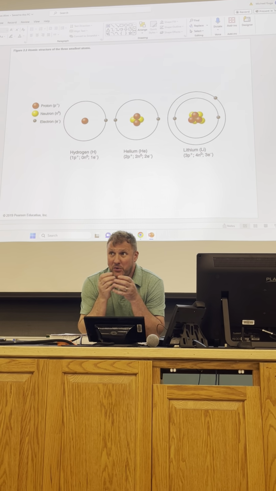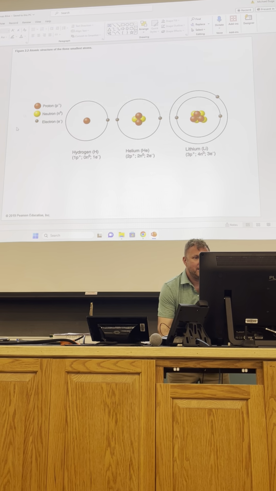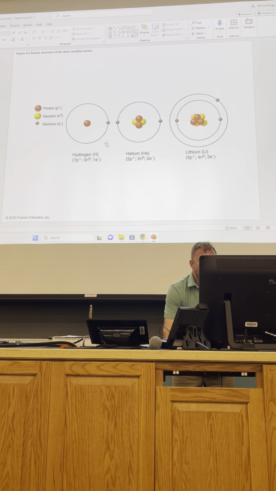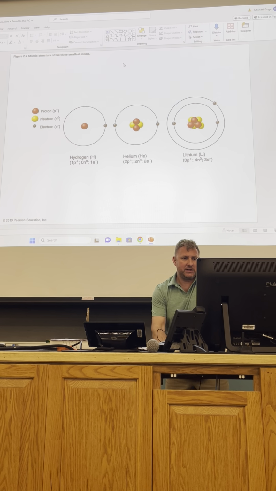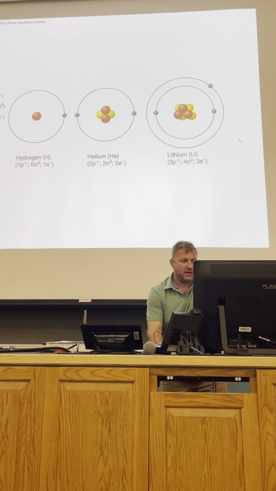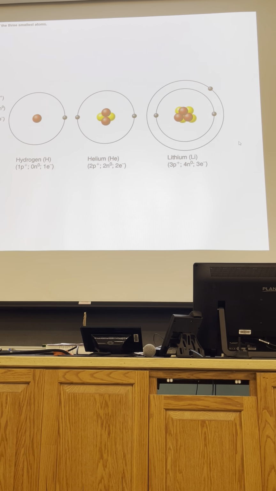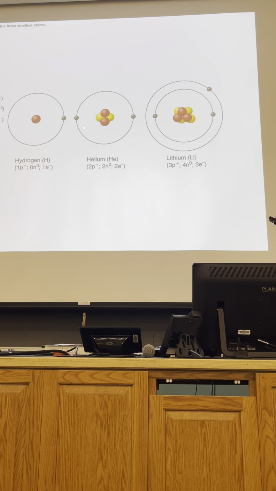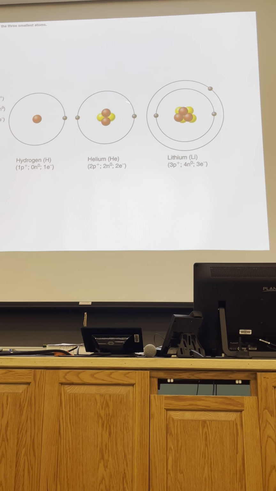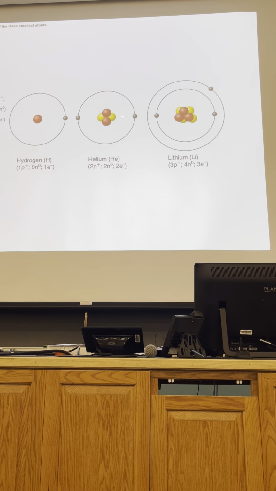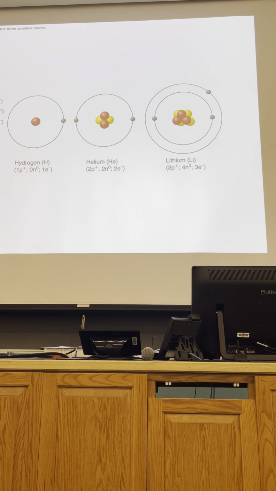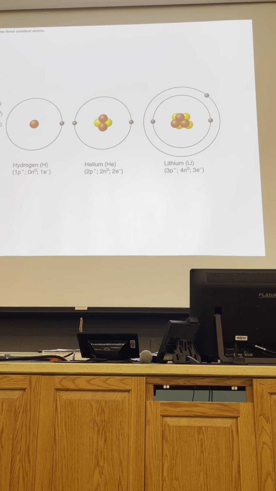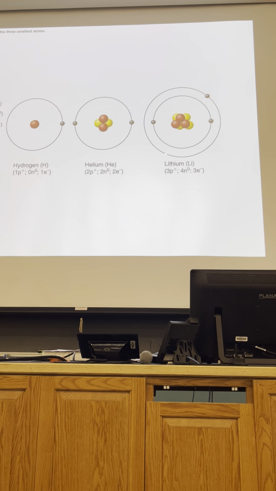Shells around our nucleus. Here's our first shell. Let me make it larger for you. How many electrons maximally can this first shell hold? 2. Good, maximum of 2. You put 2 electrons out there, that shell is filled. Then you gotta go to a second shell.